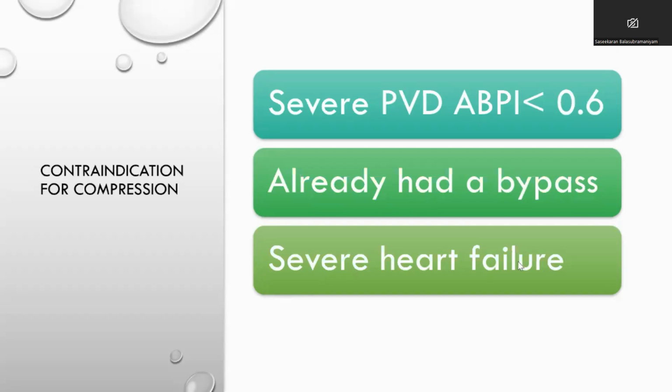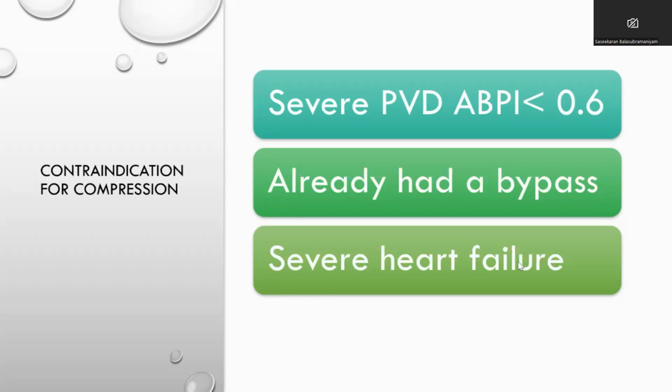So if you apply compression and the wound is changing in color and becomes ischemic, you should do something else. And second, if the patient already had a bypass surgery for their leg, in that case, I think these patients are better sent to the vascular surgeon.